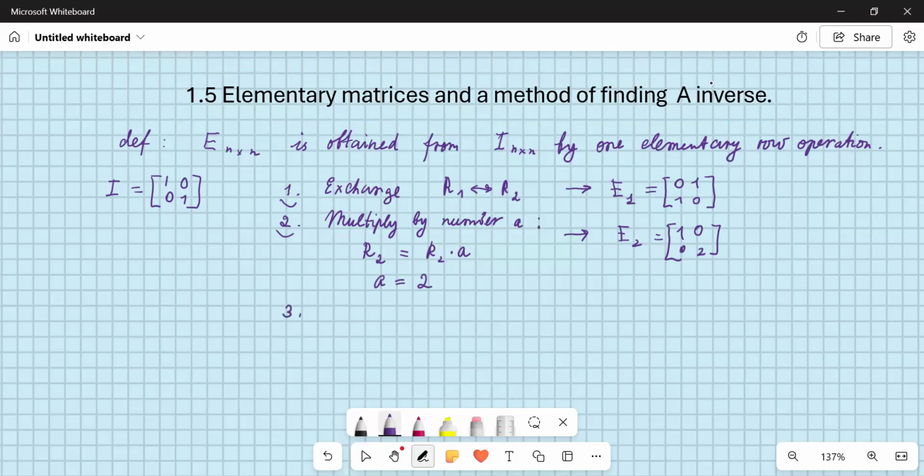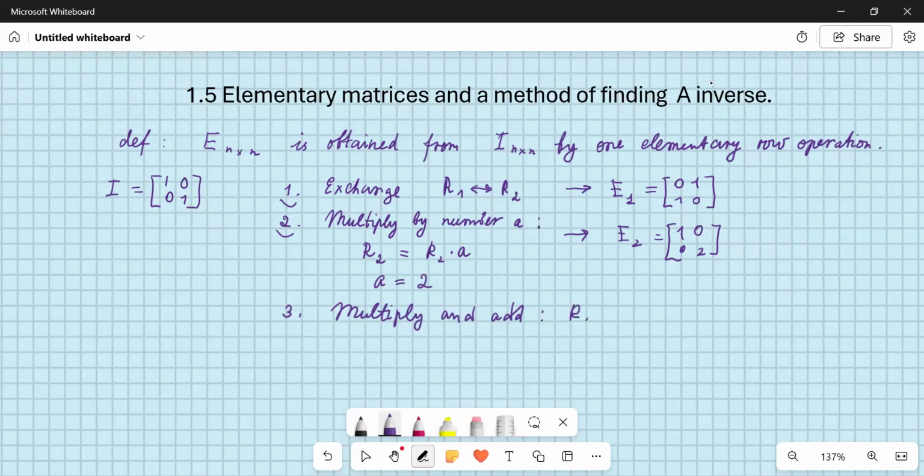And the last one, number 3, is to multiply one row by a number and add it to another row. Multiply and add. I'm going to choose something just for example.